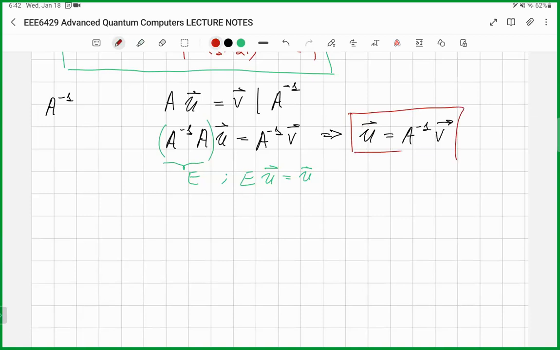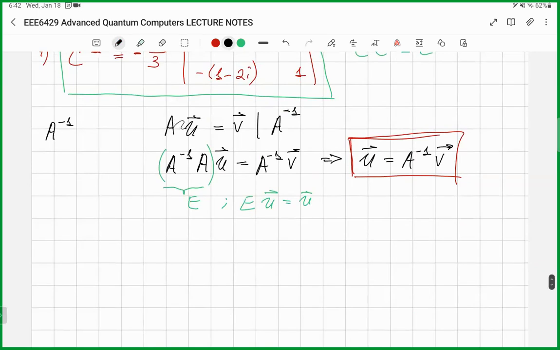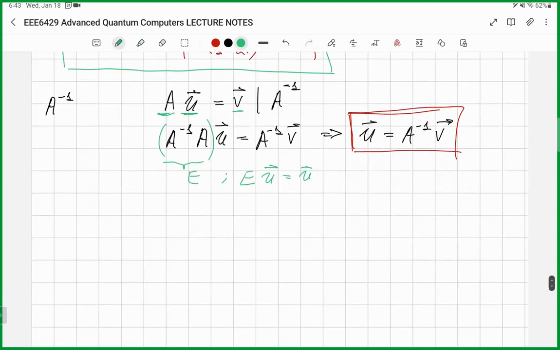Let's write this formula too. Our initial operation that corresponds to matrix A does what? Initially we had this vector u, then we apply matrix A, and this result gives us another vector v in our vector space.